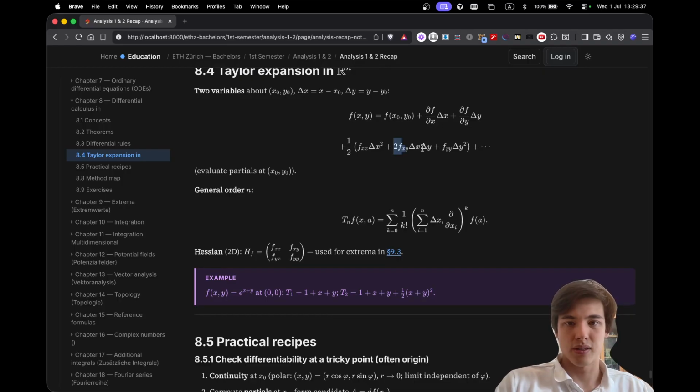And this is only if it's C2, right? Then we can add it together.